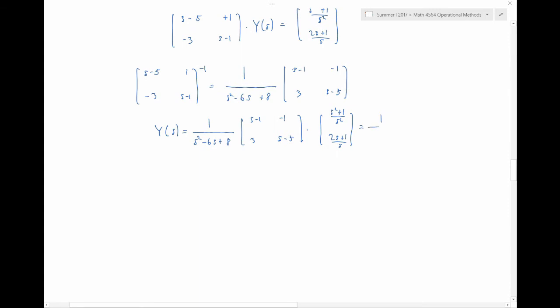The fraction can be factored out into 1 over s minus 2 times s minus 4. And let's go ahead and compute the matrix multiplication.